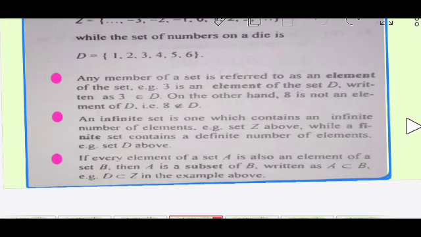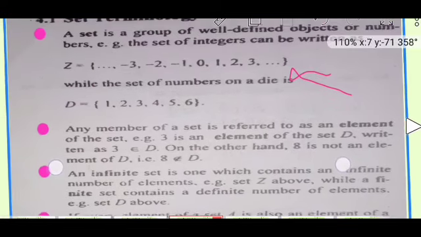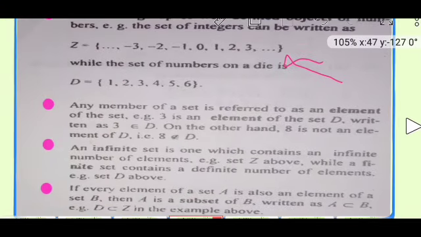While a finite set contains a definite number of elements, e.g., set D above. This is set D. That means that set D is a finite set. So this is telling us that an infinite set is one which has an infinite number of elements, which means it is never ending.